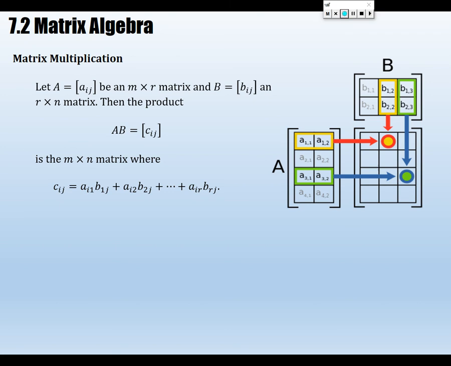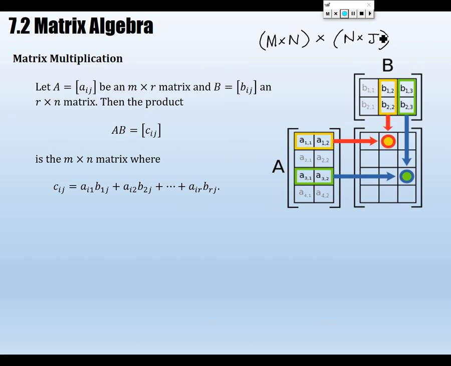So to put some letters to it, say you have an m by n matrix A, and you want to multiply that by another matrix. The number of columns in A, which for us here is 2, needs to be the same as the number of rows in B. So the other matrix needs to also have the same dimension here, and then the other dimension can be whatever you like, j.